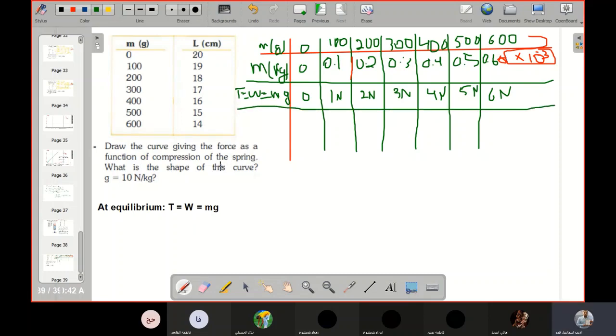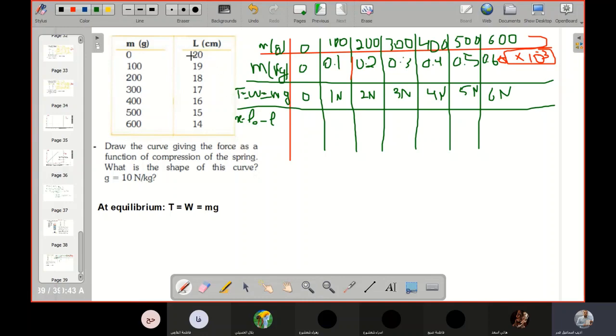Now we need to find the compression. What formula did we say here? L0 minus L. Where is L0? Very good, Mariam. The first one, when the mass is zero, the length of the spring was 20.